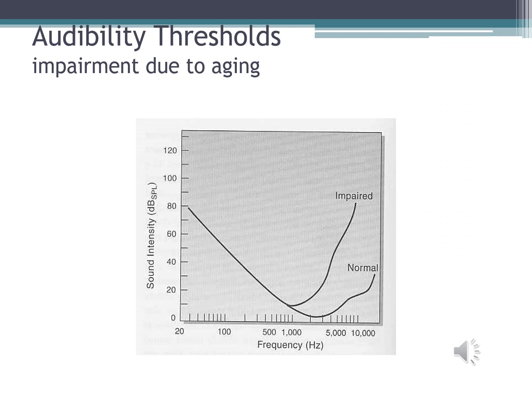Another important audibility threshold to look at is what happens when we have some kind of hearing impairment due to aging. If you look at the quote normal hearing, up at those higher frequencies we can hear at these lower decibel levels, but as we become impaired, we need those to be higher amplitudes in order to hear them.